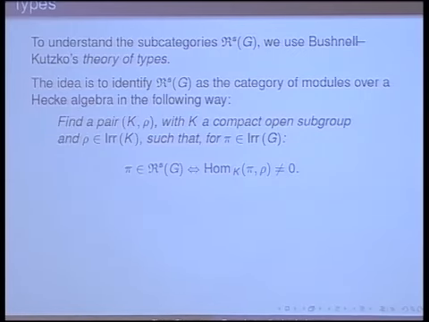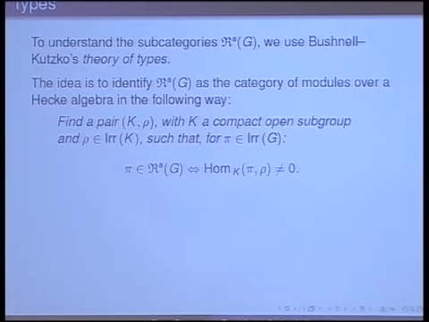So the problem is just to find the right Hecke algebra, and to do this, what you look for is a certain compact open subgroup and an irreducible representation of that, which are going to identify this category. Okay, so which are somehow typical for it, which I think is why they call them types.